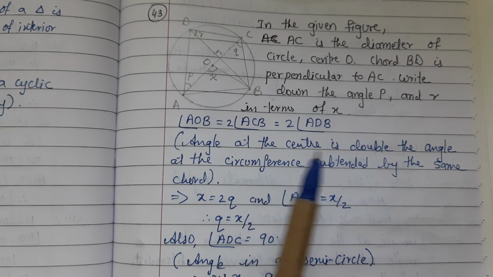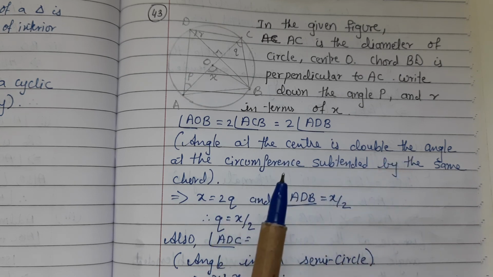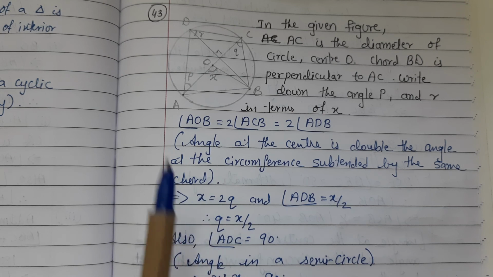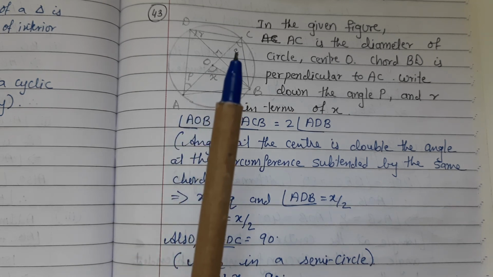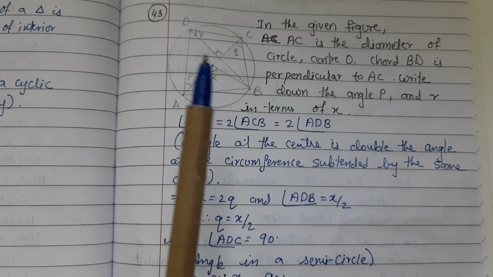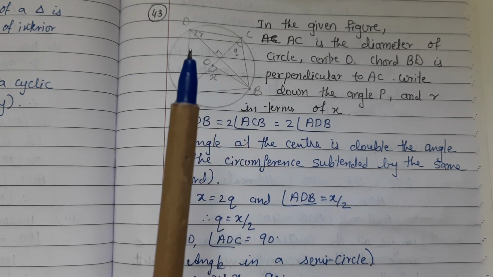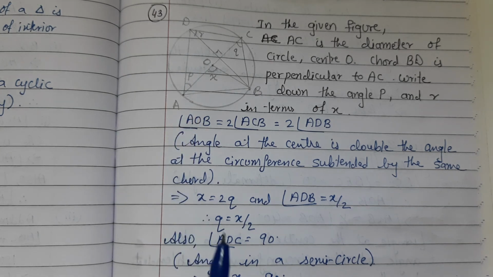Angle at the center is double the angle at the circumference subtended by the same chord. That implies x is equal to 2Q and angle ADB is equal to x upon 2. Therefore, Q is equal to x upon 2.